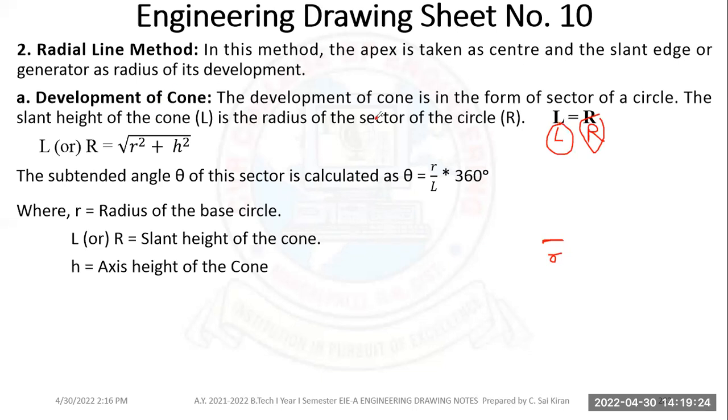Now we have to calculate what is L. If you have already drawn it, you can directly measure. If any mistakes are there, you can directly calculate what will be L by calculation.